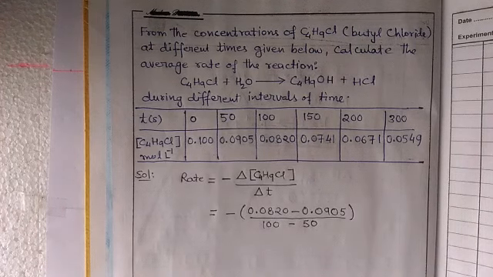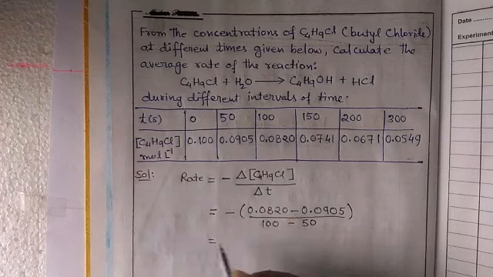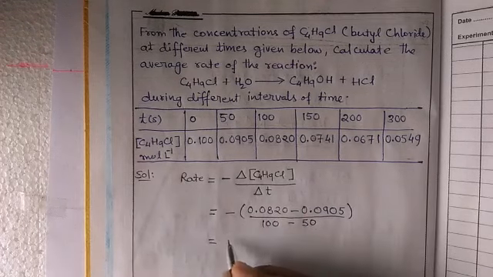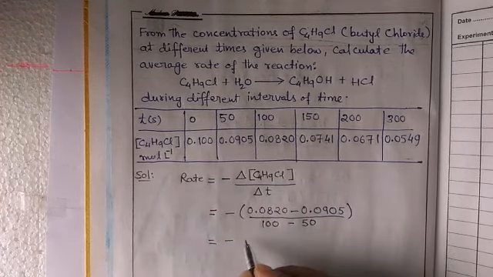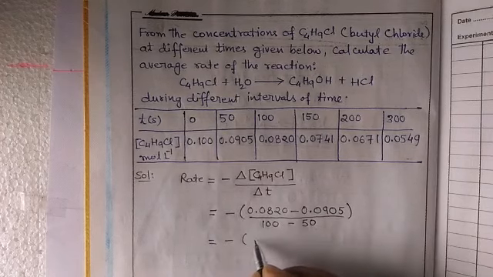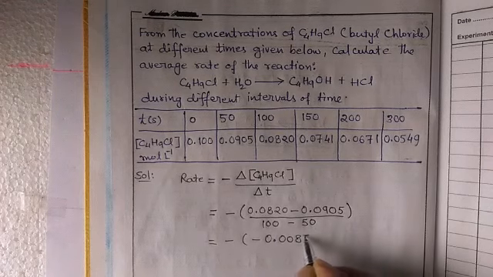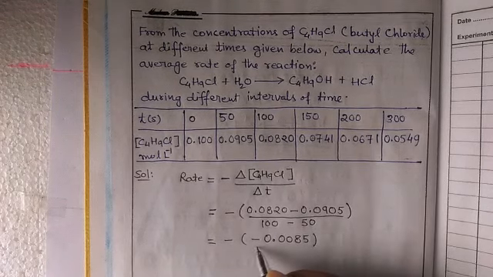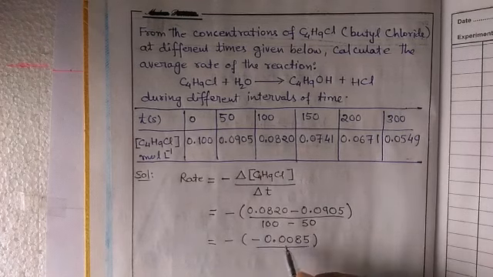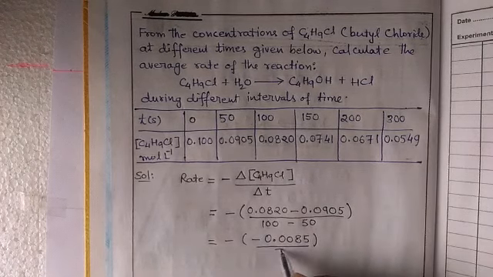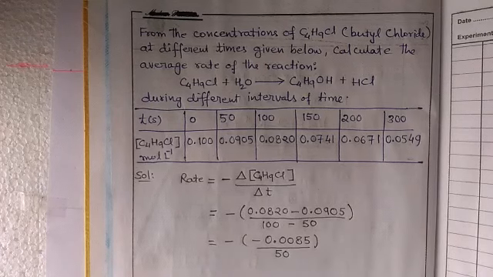Now after subtracting these two values and these two, we get, let's keep negatives with us, this value will be minus 0.0085, and the value is 50, 100 minus 50.